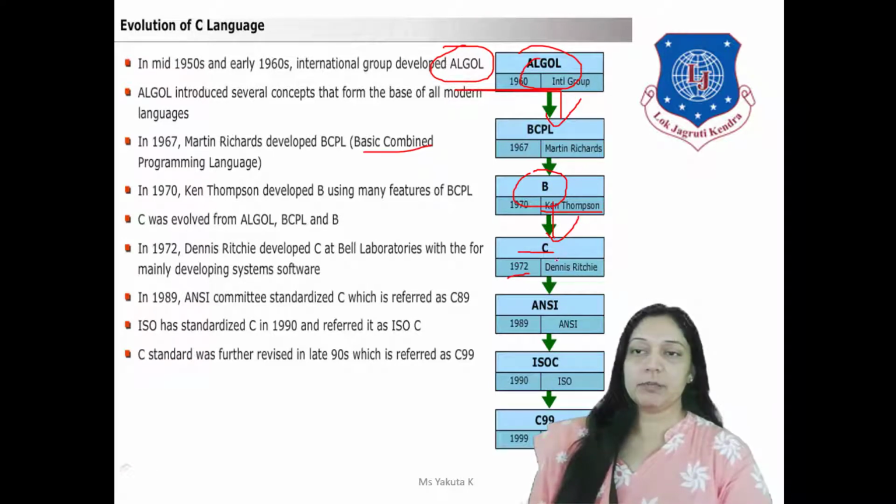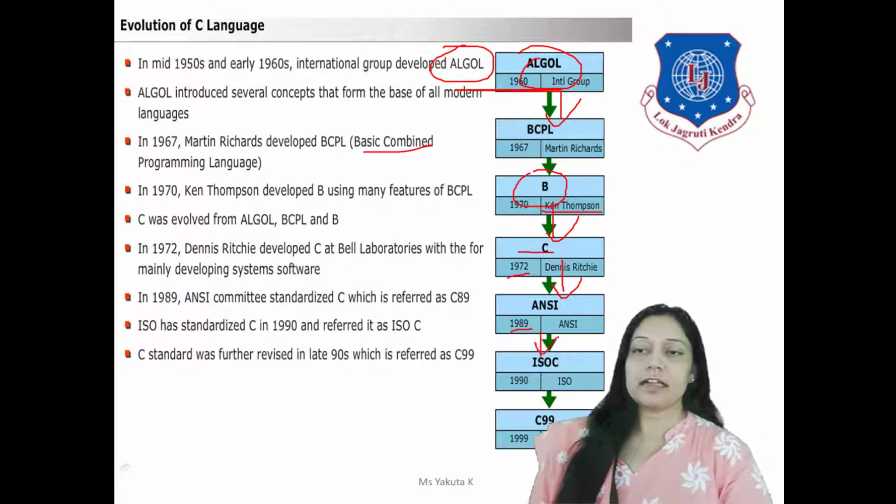After C was developed by Dennis Ritchie, it went through a number of different standardization processes. First it was standardized by ANSI, so everywhere they used to follow these ANSI standards, in 1987.